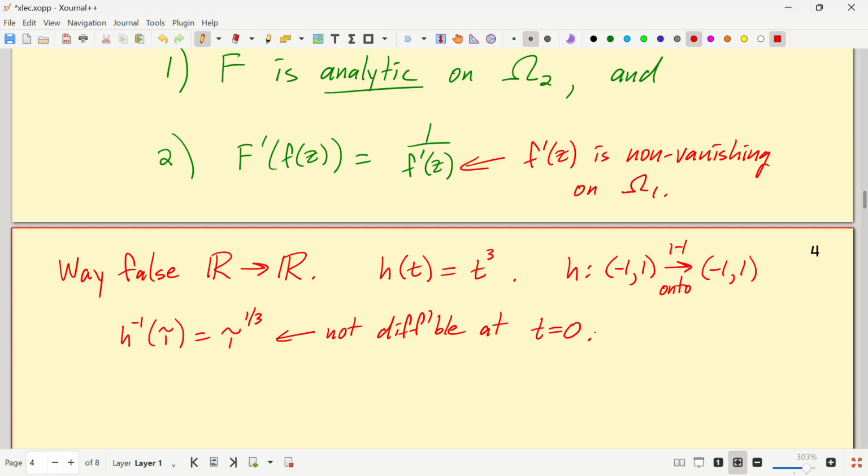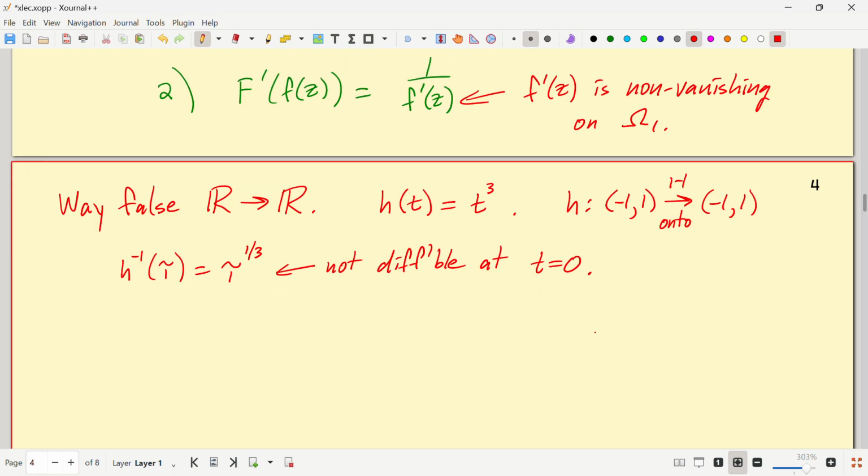Okay, so let me demonstrate this theorem. Here's the proof of this little thing.